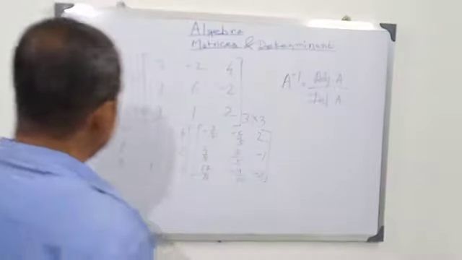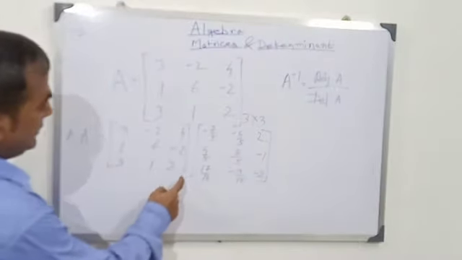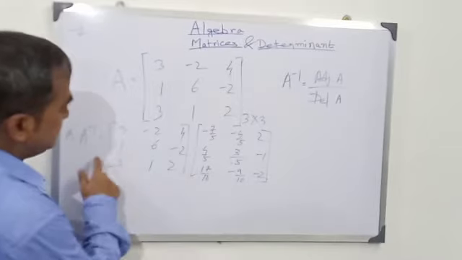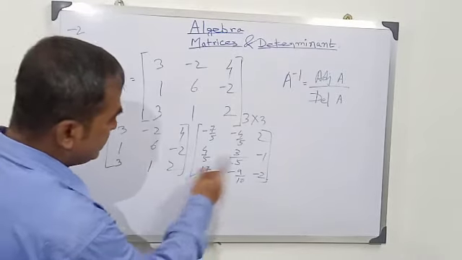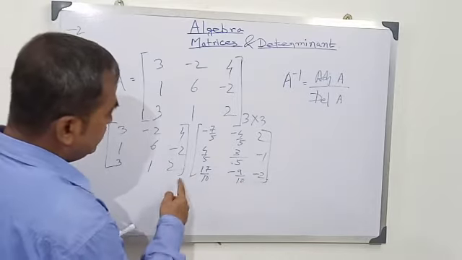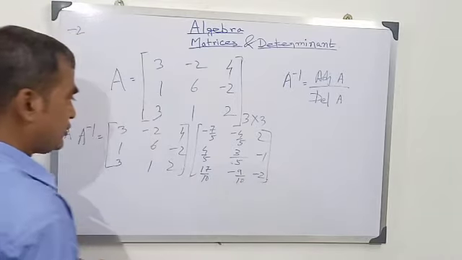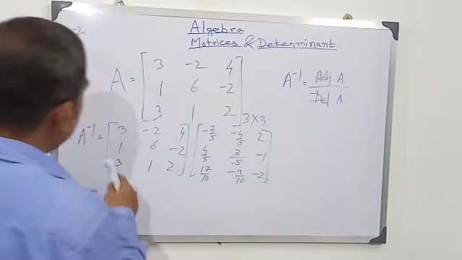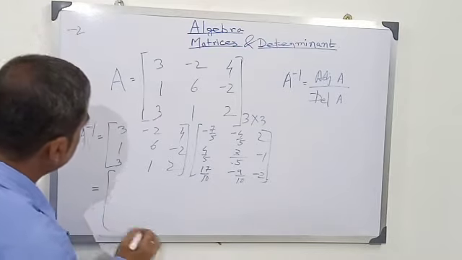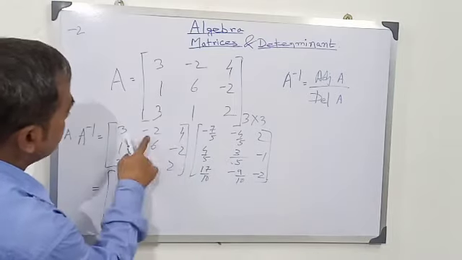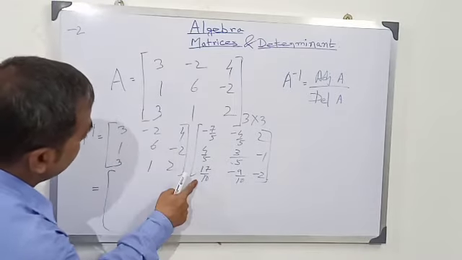Now matrix multiplication is possible when the columns of the first matrix equal the rows of the second matrix. Here this is 3 cross 3 and 3 cross 3, so multiplication is possible. The first element of the resultant matrix should be this into this plus this into this plus this into this.